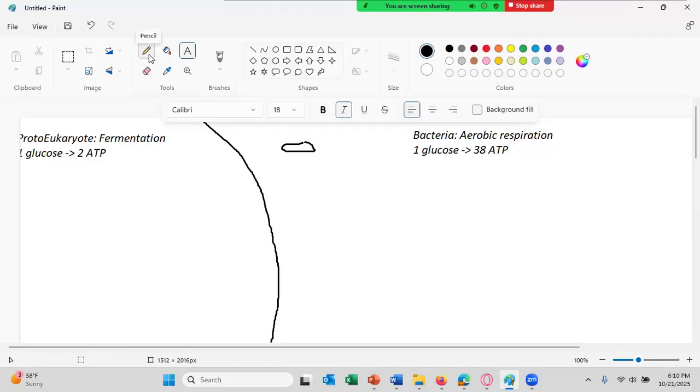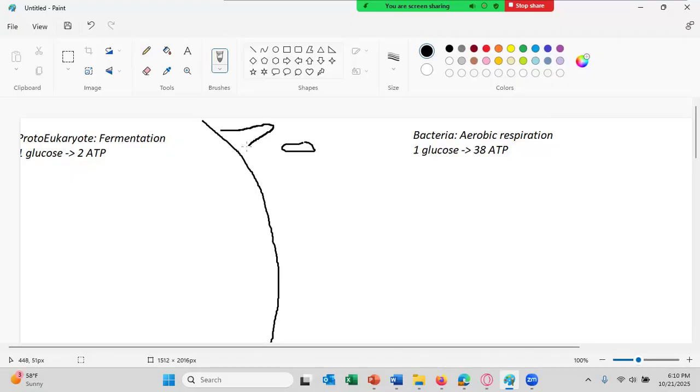So it surrounded the bacteria with pseudopods, and these pseudopods grew and grew, till the pseudopods eventually surrounded the bacteria, meaning the membranes here fused.